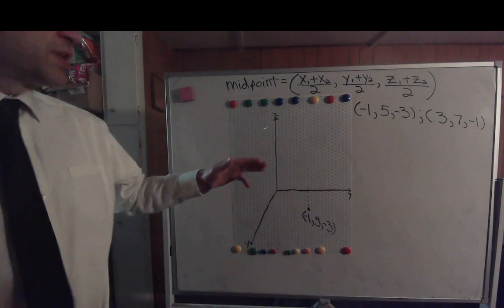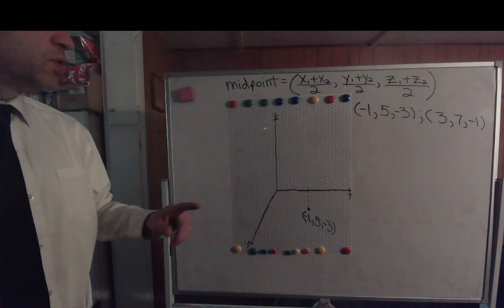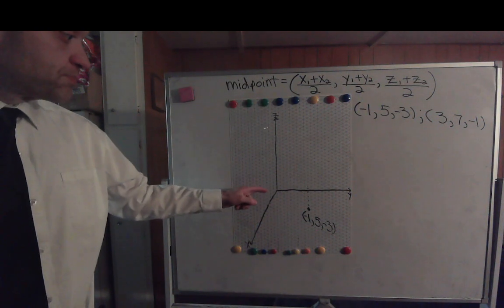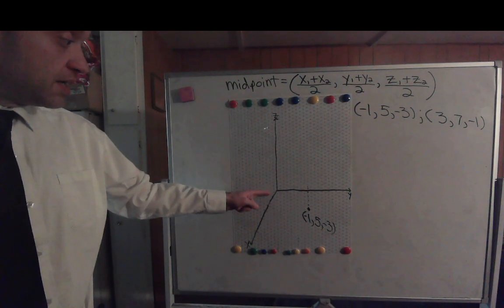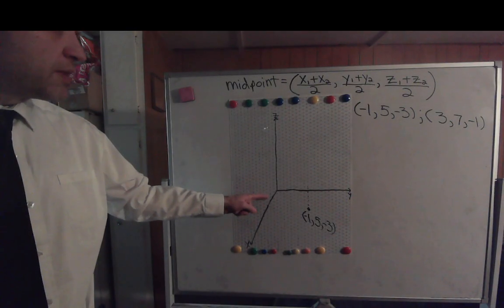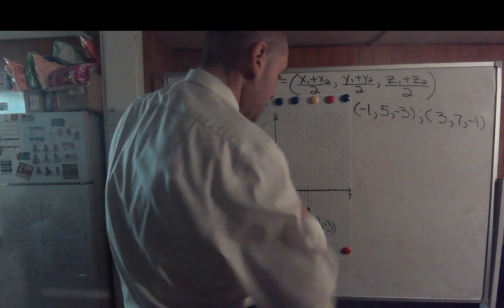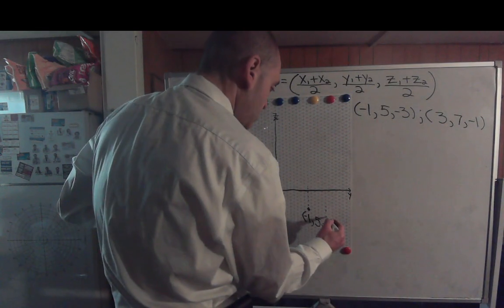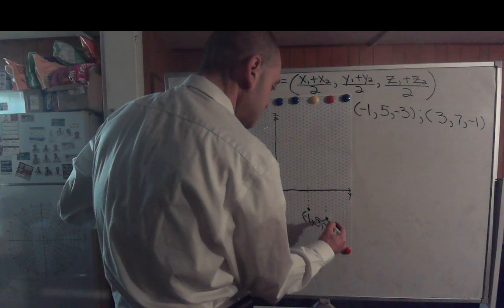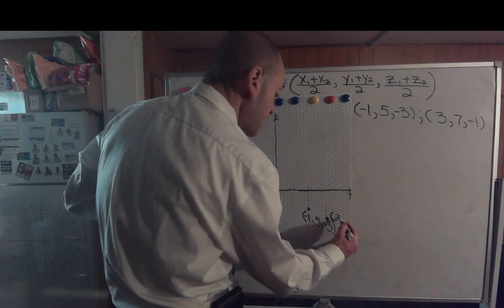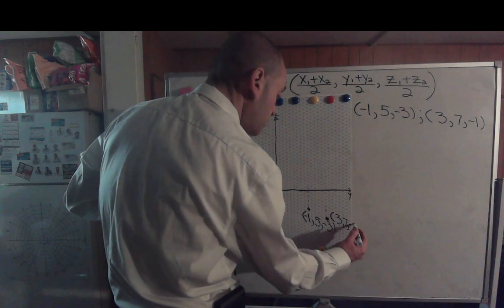How about 3, 7, negative 1? You're going to be over 3 in the x coordinate right about here, go over 7 in the y, we'll put that right about here, and then just go down 1 for the z. That would put you right there at about 3, 7, negative 1.